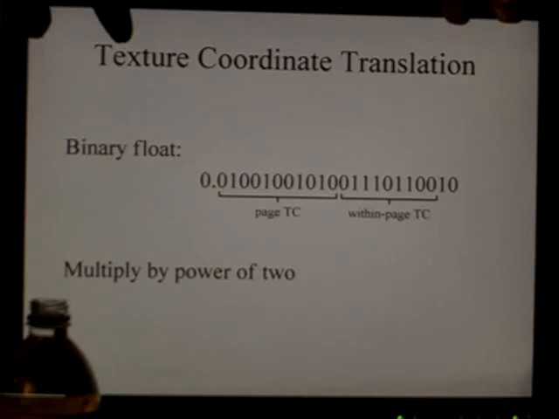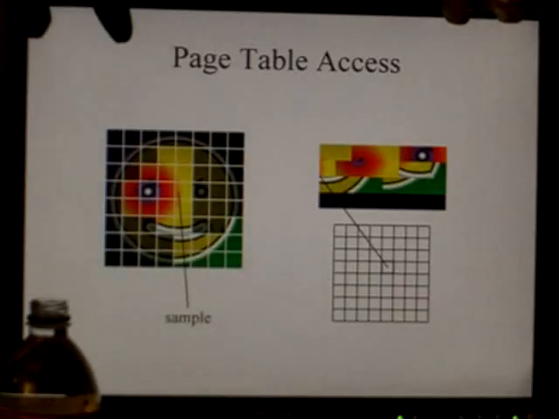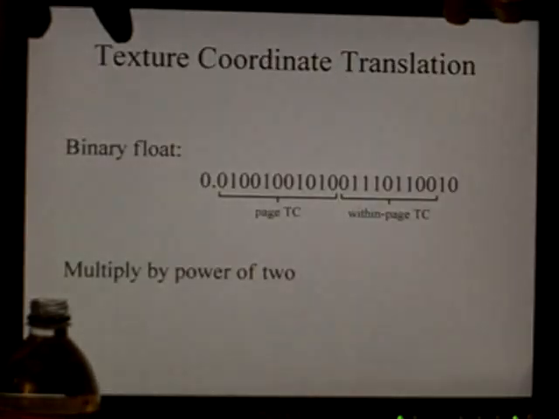Now, how do I pull those bits out in a pixel shader? It's very straightforward. If I multiply by a power of 2, I can slide that decimal point down until it's between the page and the within-page parts. And then if I use floor and fract, I can extract the part above the decimal place and the part below the decimal place. Now, to access a page table, I'm going to use those top bits, and the way to get at those top bits is to multiply and take floor.